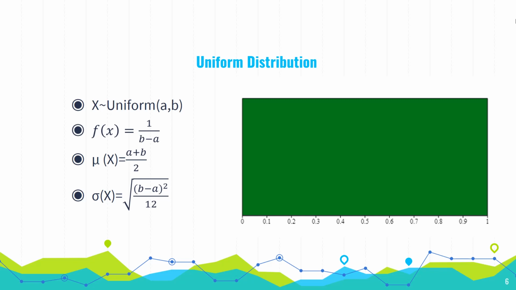The area under a density curve always equals 1. That's the formula for the height of the rectangle, 1 divided by b minus a. The mean of a uniform distribution is right in the middle. It's a plus b divided by 2. That's the average of the lower bound and the upper bound. The standard deviation has a formula too, but I don't think you're going to need that.